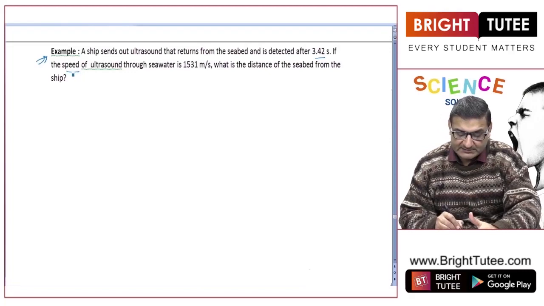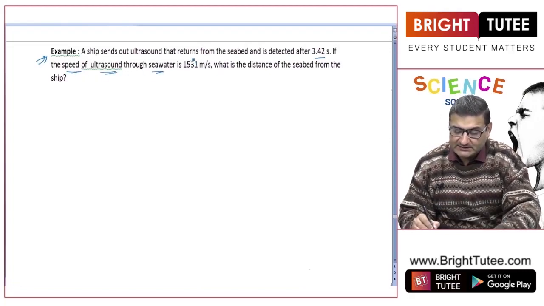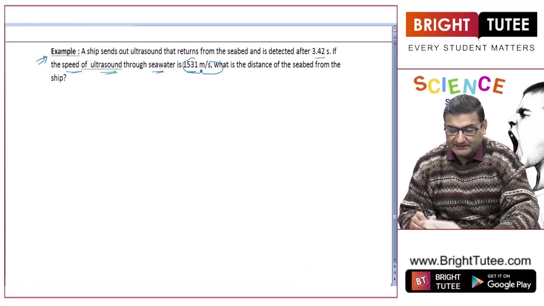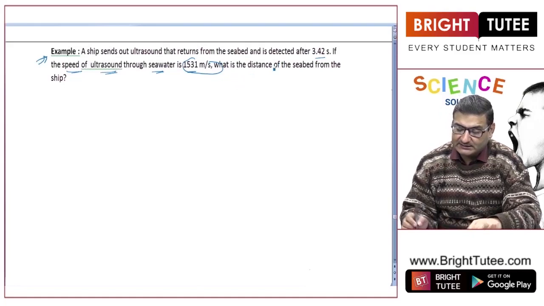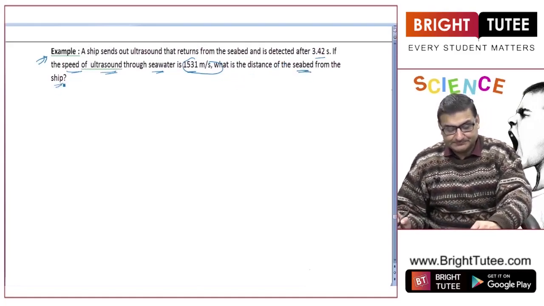Now if the speed of ultrasound through sea water is 1531 meter per second. Now we are taking the speed, right, 1531. The reason for that is basically the speed varies in water depending upon a lot of factors that we have already studied. So what is the distance of the seabed from the ship?